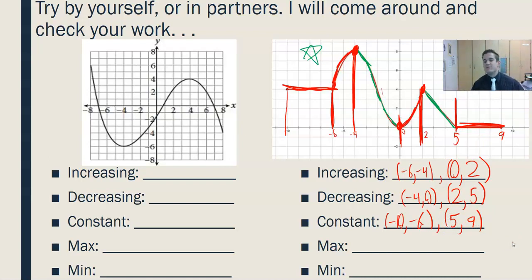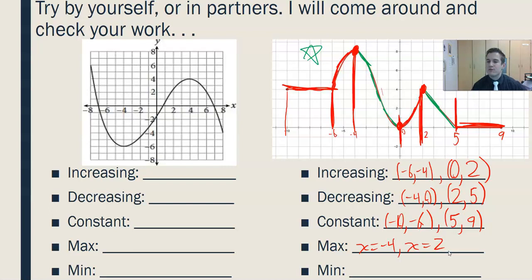Now I'm looking for a maximum. Where on my graph do I have a maximum? Or in other words, where do I have a graph going from increasing to decreasing? Well, here I have from increasing to decreasing, so there's a maximum. Here I have from increasing to decreasing, so that's a maximum. So at x equals negative 4 and at x equals positive 2 is where I have a maximum on this graph.